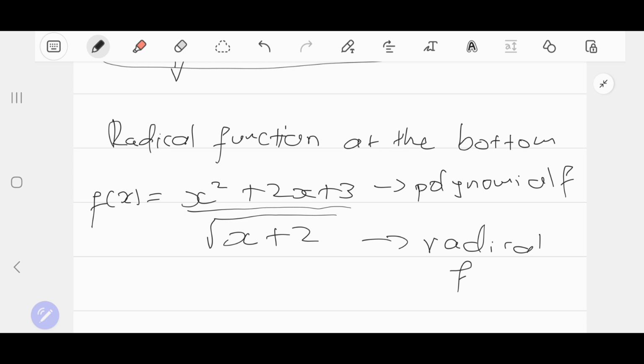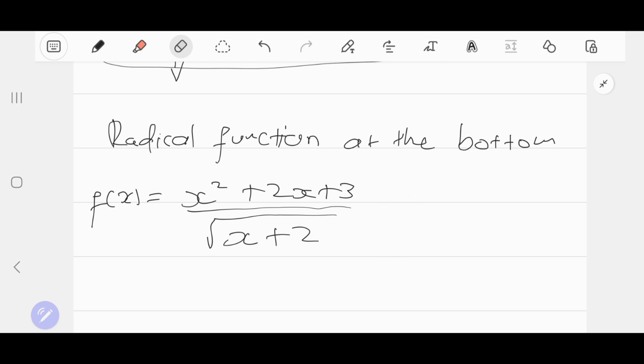And then how do you find the domain of this one, people? This is how you are going to find the domain of this function, as long as it is of this nature. The top part is a polynomial function, and the bottom part is a radical function. But remember, with the radical, you must check also.